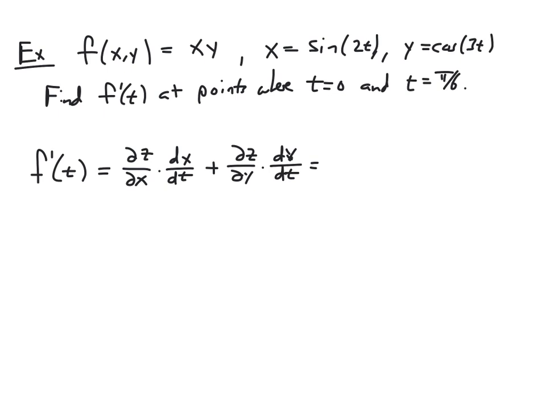Del z del x is just y. So I have y times dx dt. dx dt is just going to be 2 cosine of 2t. And then we're going to add to that del z del y, which is x, multiplied by dy dt, which will be negative 3 sine of 3t.